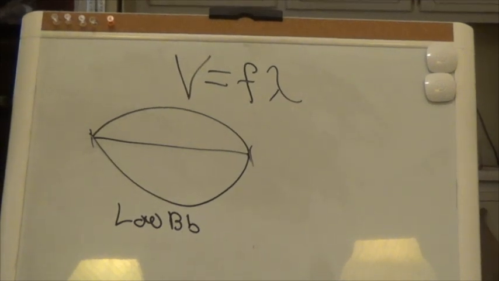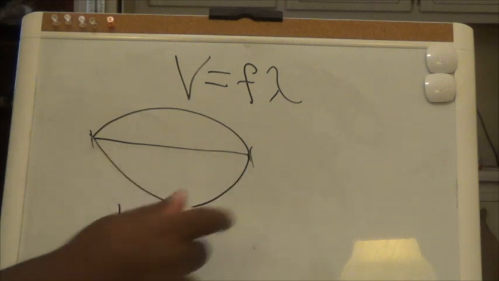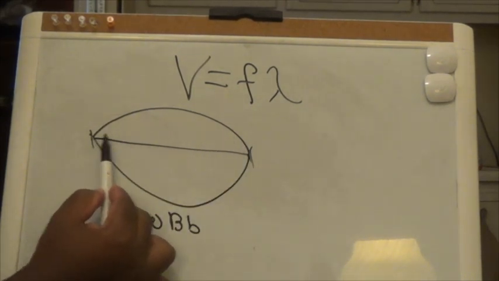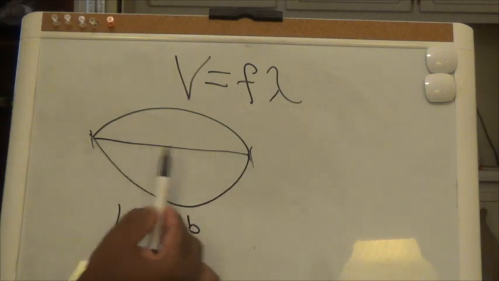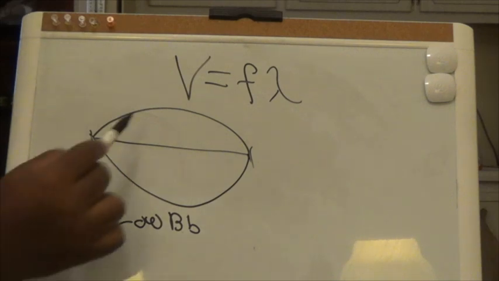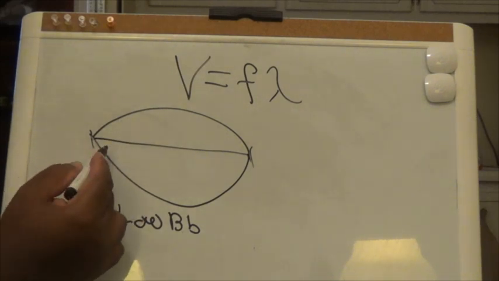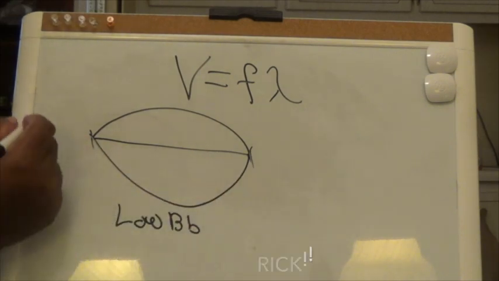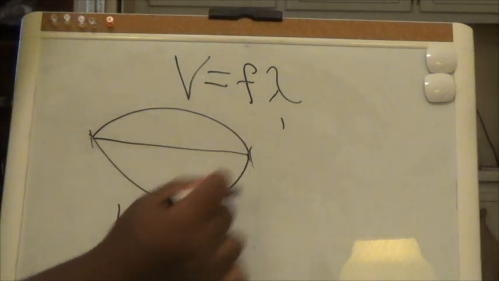So how do we learn from that? Well, when we play an overtone, we keep the same fingering. We keep using the same length of the saxophone, and this wave does something very interesting. We can think about this as being one brick. I'm just going to put a 1 right there.